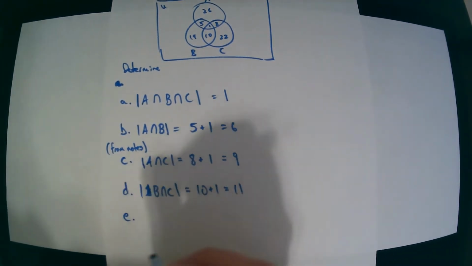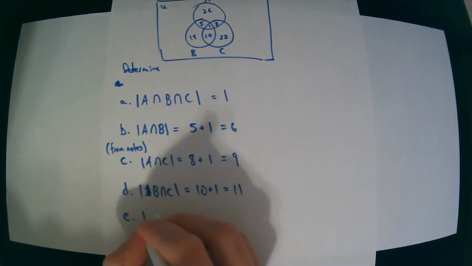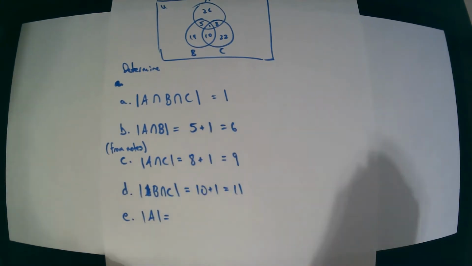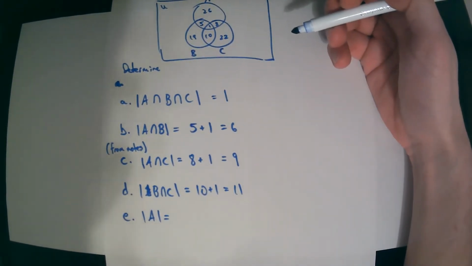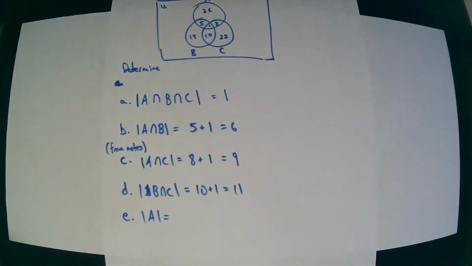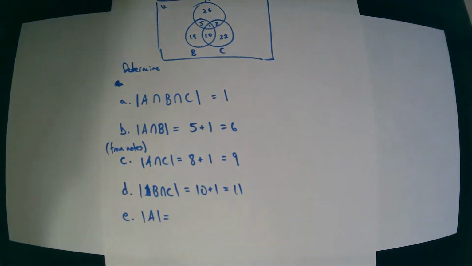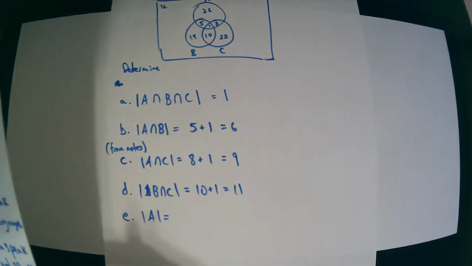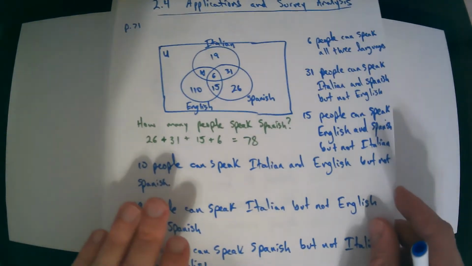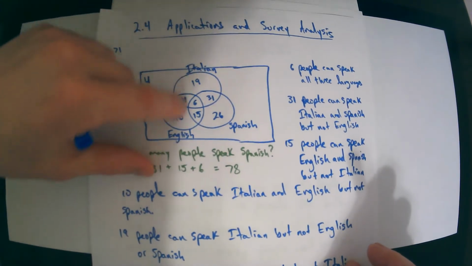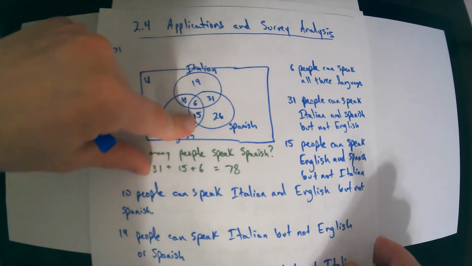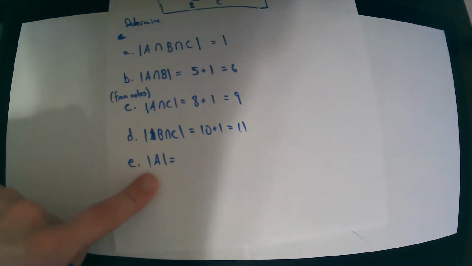Alright, what about E? The cardinal number of A. This is kind of an analogy for the question I asked earlier about how many people speak Spanish. That was asking how many people are in this one circle in the Venn diagram. That's what's going on here.